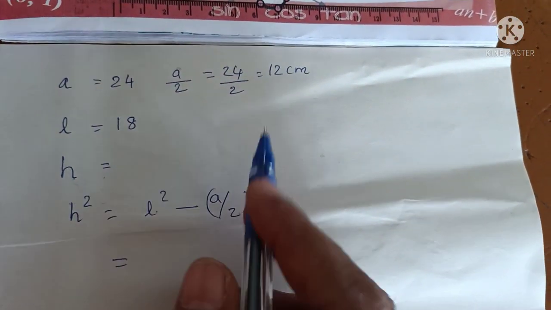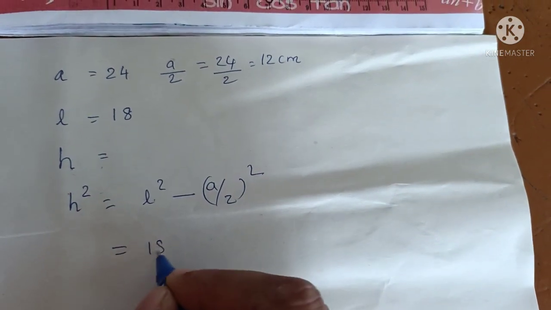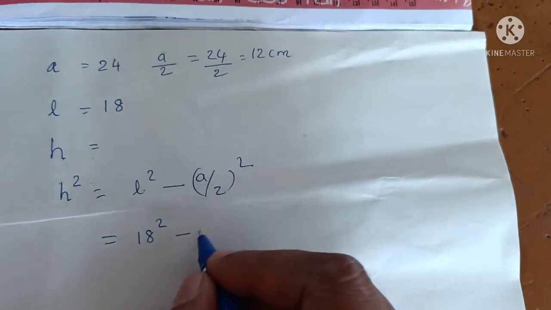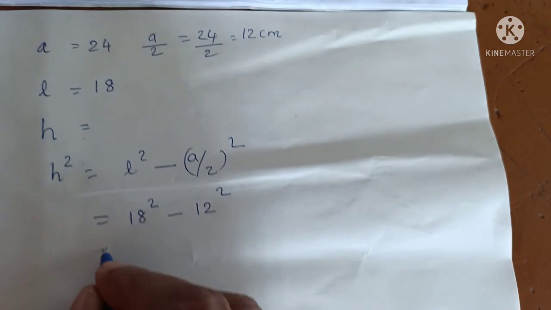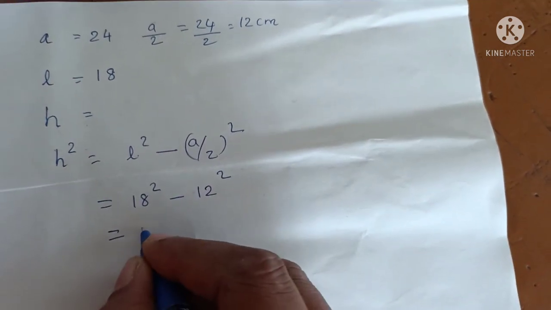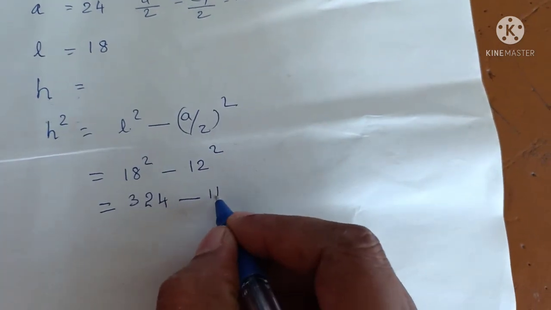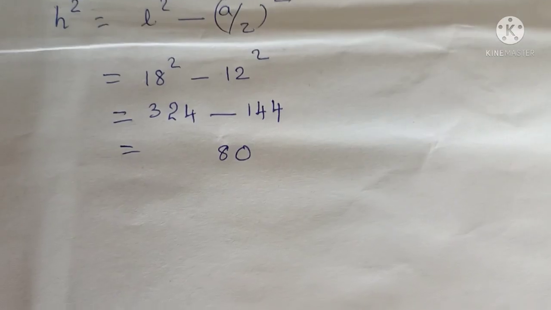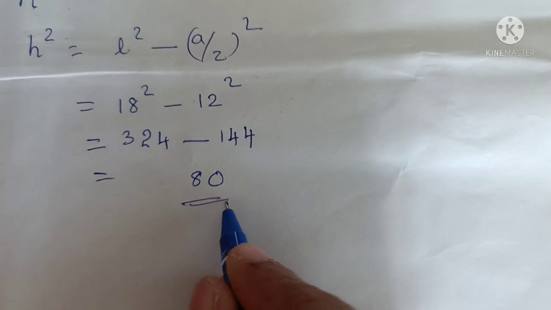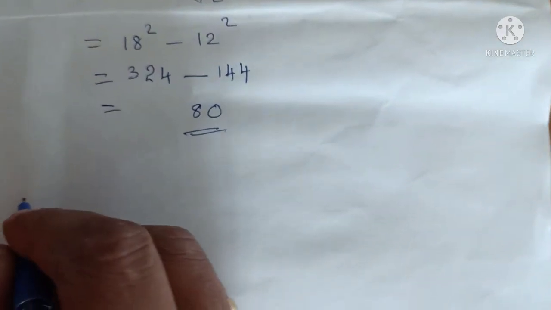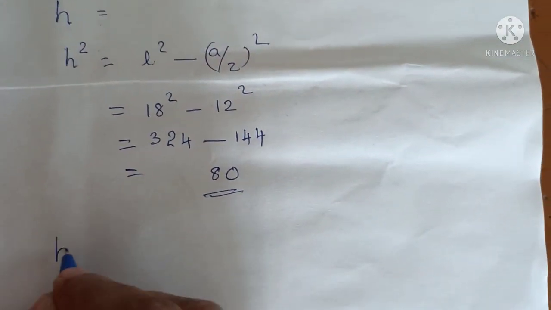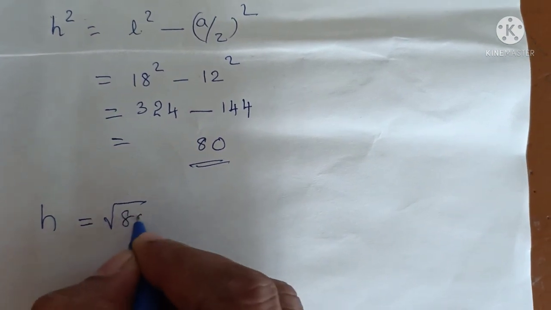Here l is equal to 18. So 18 squared minus (a by 2) squared, which is 12 squared. 18 squared is 324, and 12 squared is 144, and the difference is 180. So 180 is h squared. Then h is equal to root 180.